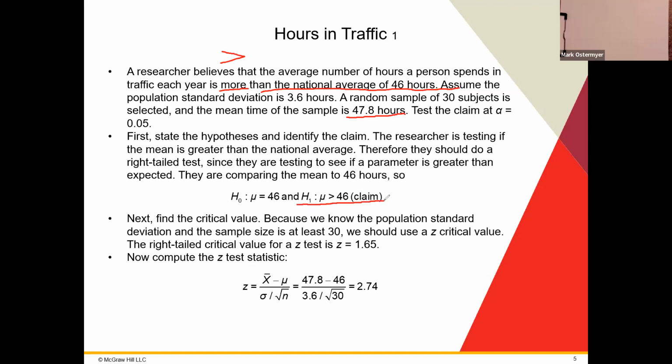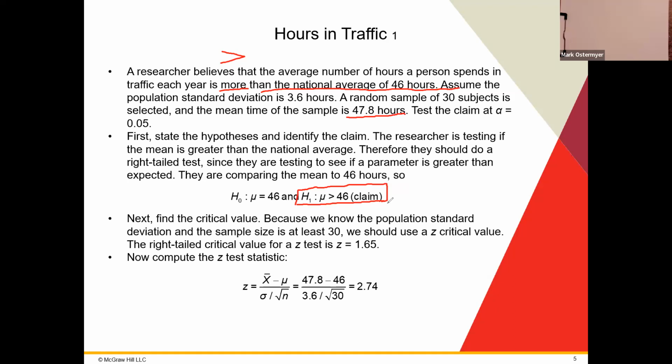Everybody see that there? Because remember, I said the alternative statement's always greater than, or less than, or not equal to. Therefore, for this particular problem, it appears that our alternative hypothesis is the claim that we are testing. It is the claim that we are hoping sample evidence in formal hypothesis testing tells us is the truthful statement.